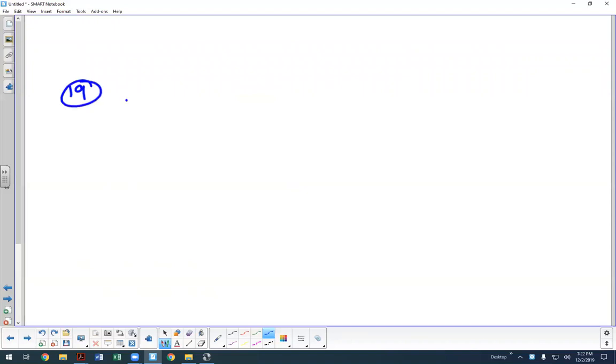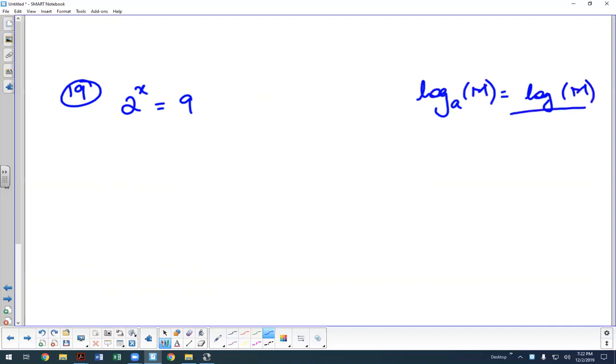now you can either remember the base change formula, which is log of m on the top, log of a on the bottom, and then remember instead of log, you can also use natural log.